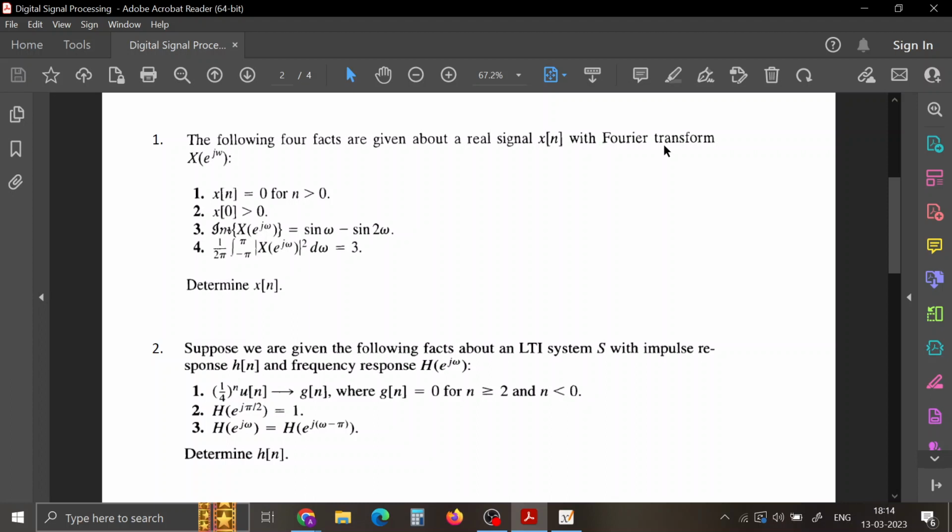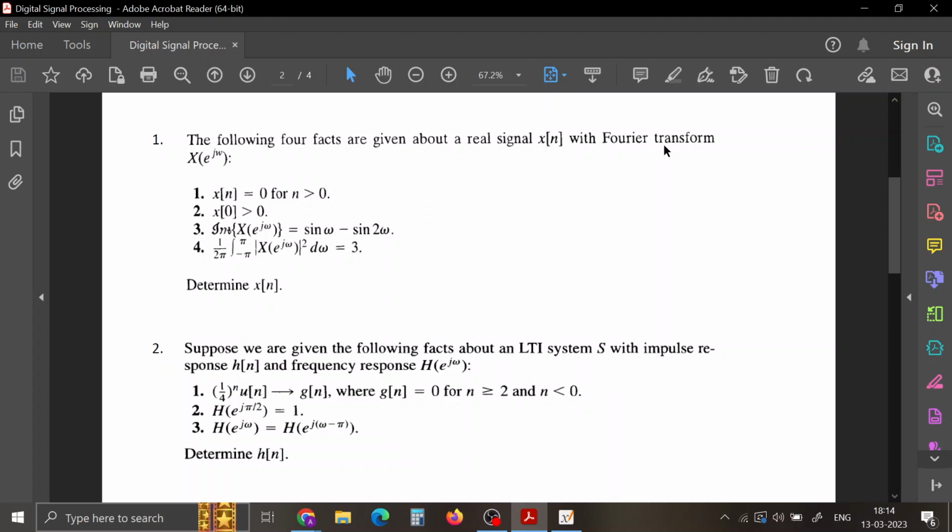The first one says x of n is 0 for all n greater than 0. The second one says x of 0 is positive, and the third condition says the imaginary part of the Fourier transform is equal to sine omega minus sine 2 omega.